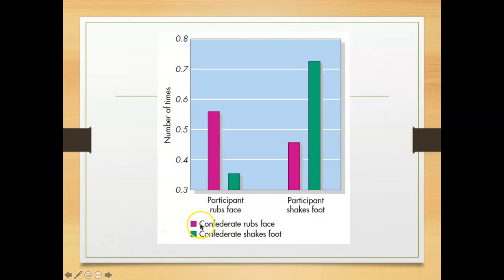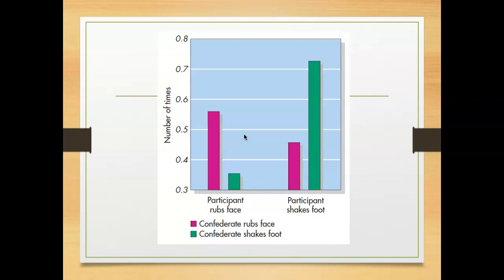If we look at the times in which the Confederate was rubbing her face, we see that during those times, the participant was more likely to rub her face than to shake her foot. But during the time intervals in which the Confederate shook her foot, we can see that the participant was more likely to be shaking her foot than rubbing her face.